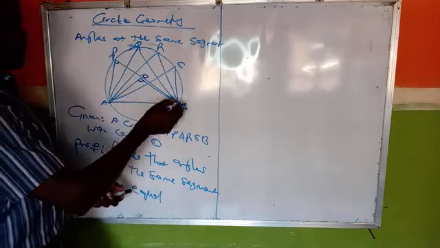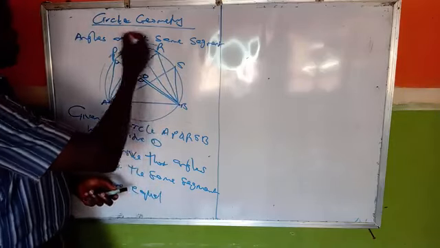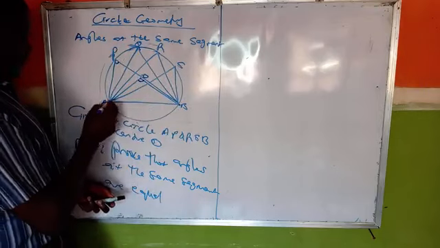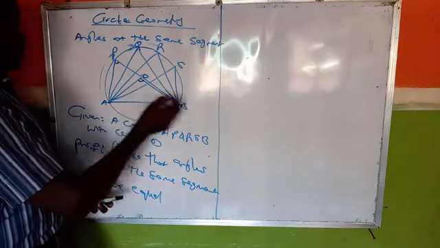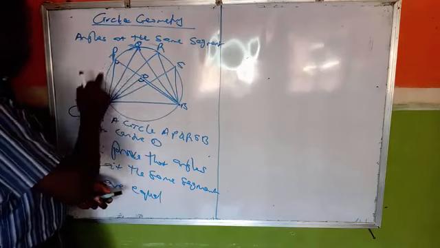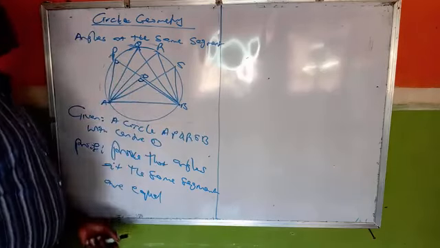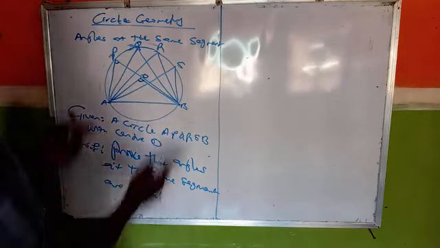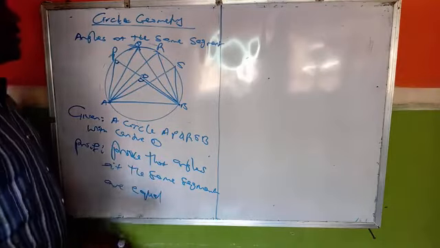This is the remaining part of the circumference. Even if I draw another one here, they are all on the remaining part of the circumference, which is a major segment.